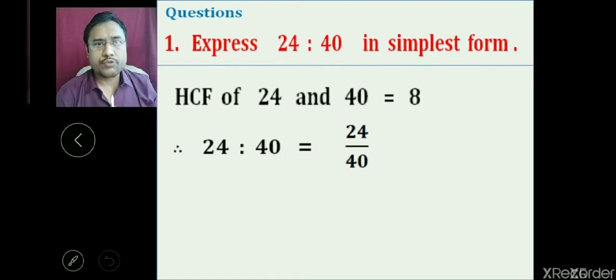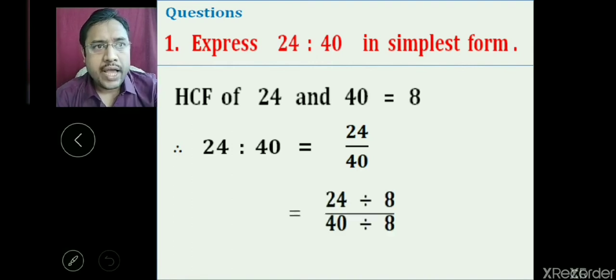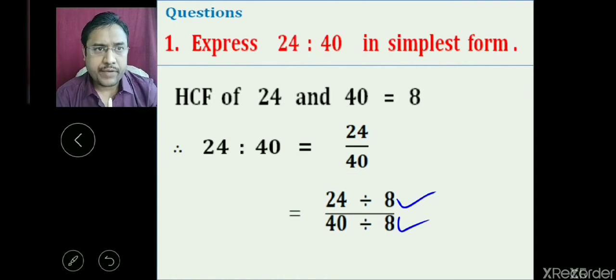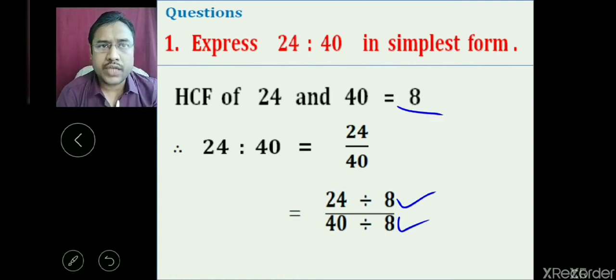So 24:40 is equal to 24 by 40, and then I have divided both the terms, the first term and second term, by 8: 24 by 8 and 40 by 8. Why am I dividing by 8? Because 8 is the HCF of both the terms. So 24 divided by 8, and 40 divided by 8.